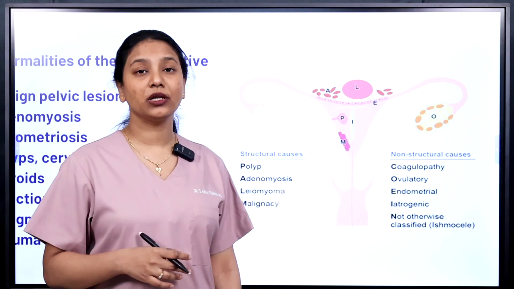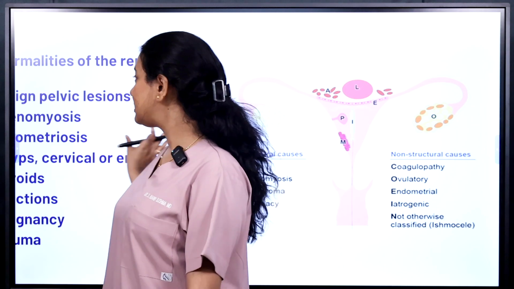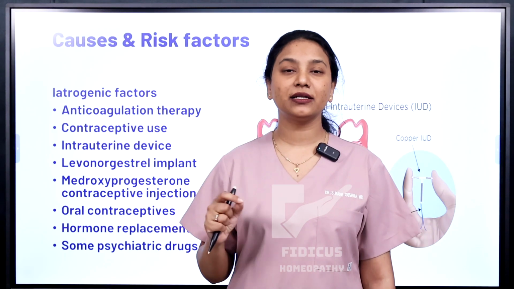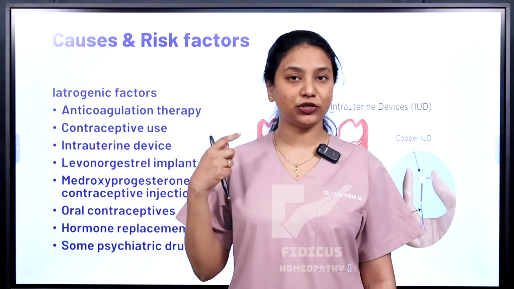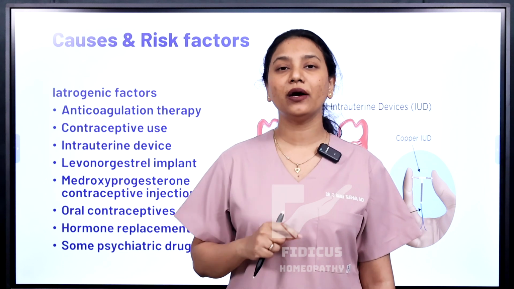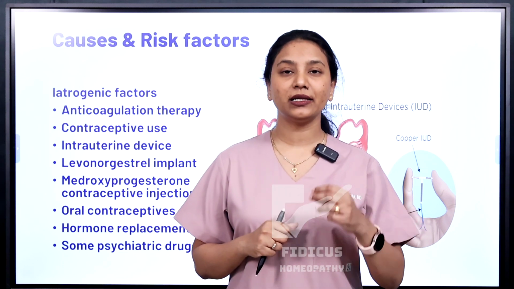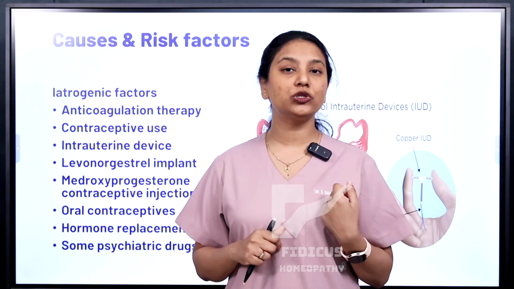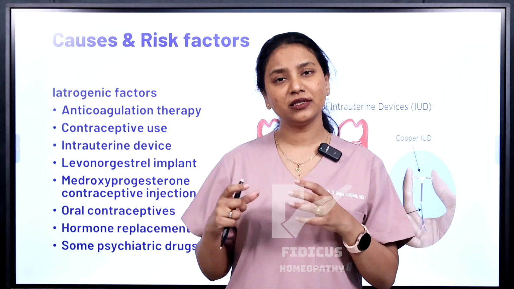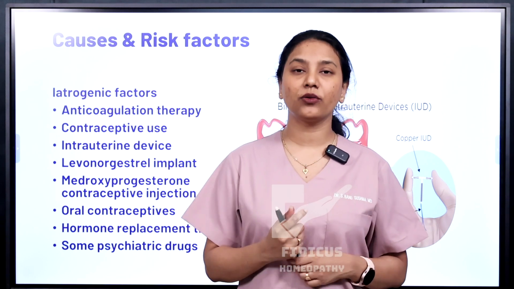And then iatrogenic. What is iatrogenic? Any disease occurring after the use of medicines is called an iatrogenic disease or iatrogenic factor. So why are we discussing this? Remember that especially in India, many people prefer to prepone or postpone their period for a certain event or ritual.